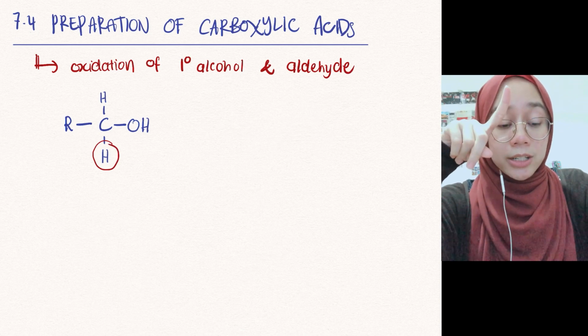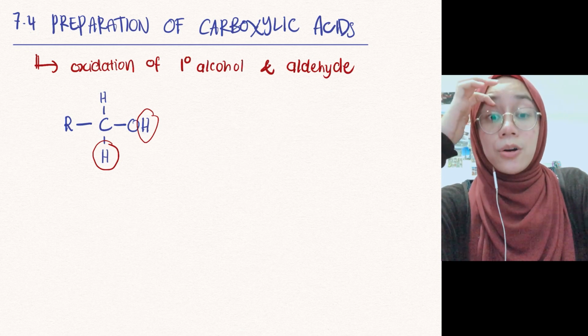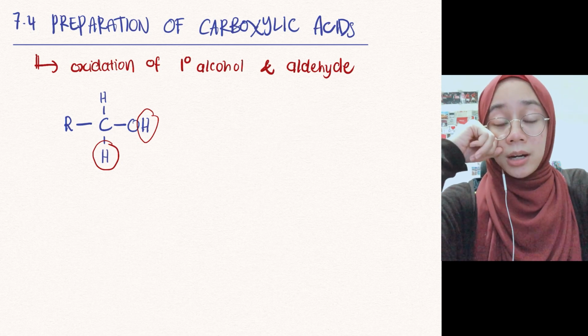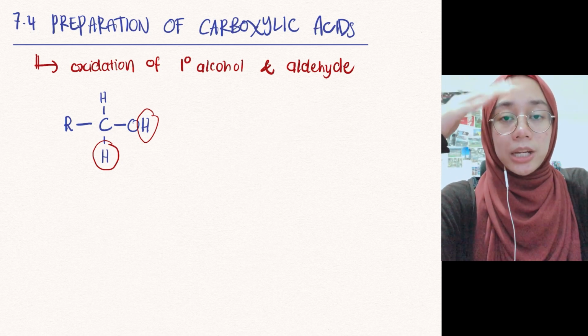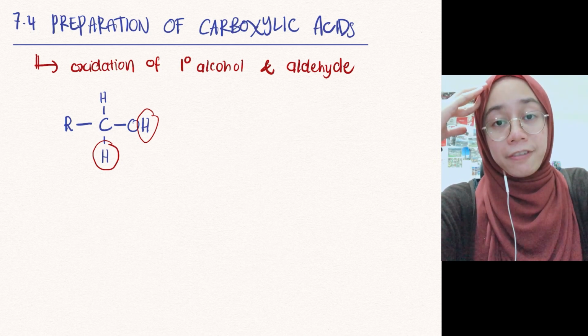So that is one hydrogen, and the other one is from the hydroxyl group itself. Okay, and then how do we oxidize? Okay, so with primary alcohol you have to be a bit careful. With primary alcohol, when we use a different strength of oxidizing agent, it will give you a different product.